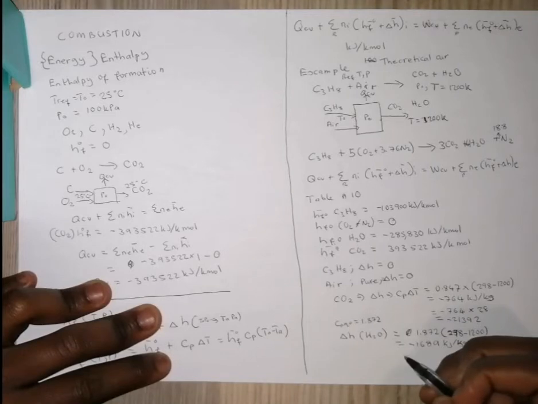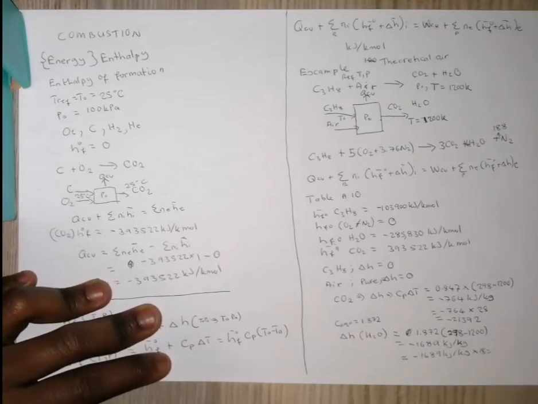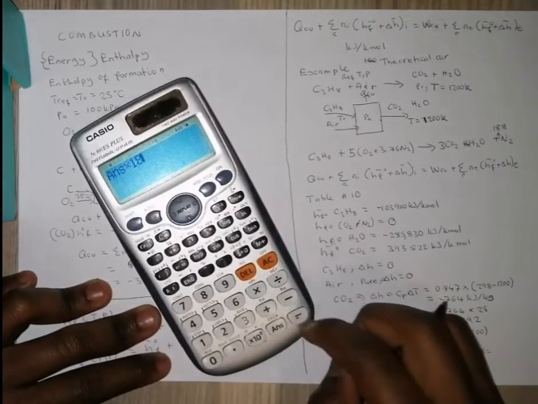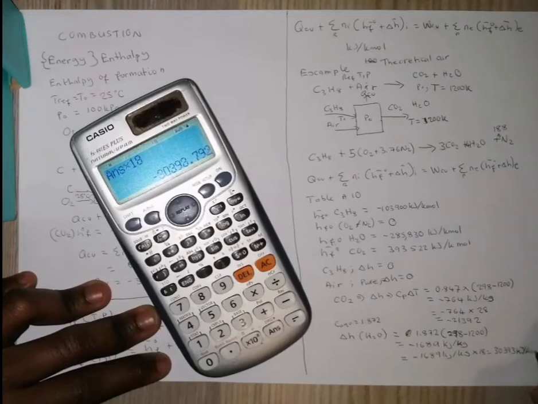So to turn it to moles, we multiply it by the molar mass, which is equal to negative 1689 kilojoules per kg times the molar mass of water, which is 18, which will be equal to negative 30,393 kilojoules per kilo mole.